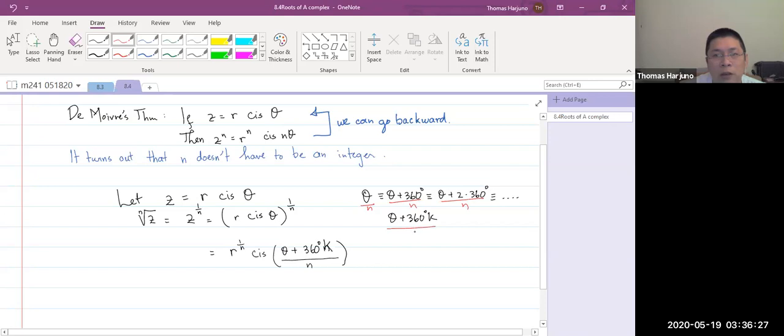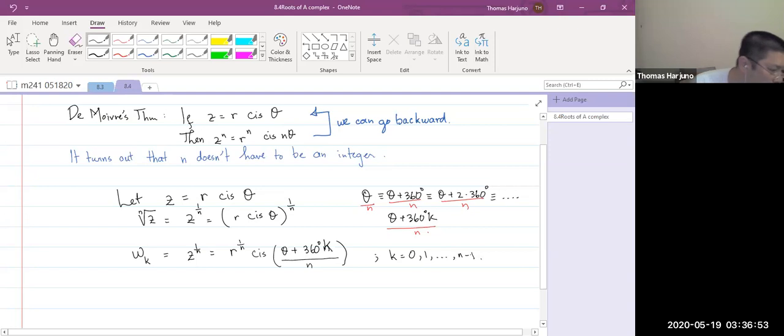That's how we get that last expression. Then you will see that this nth root of z actually has n solutions, where k goes from 0 up to n minus 1.